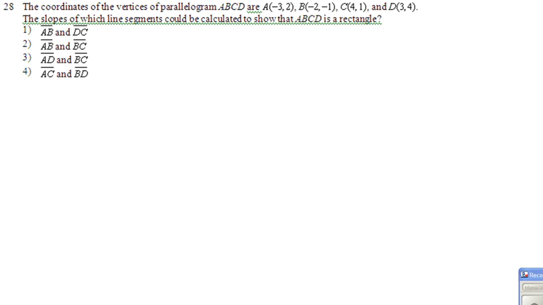All right, number 28. The coordinates of the vertices of the parallelogram are given. The slopes of which line segments could be calculated to show that ABCD is a rectangle? Now, to show that a parallelogram is a rectangle, simply two consecutive sides have to be perpendicular.